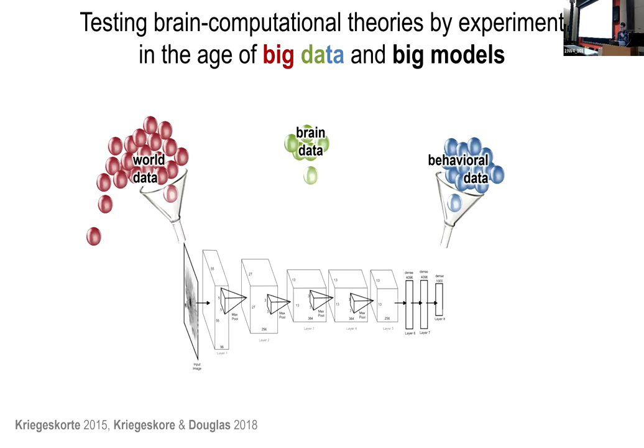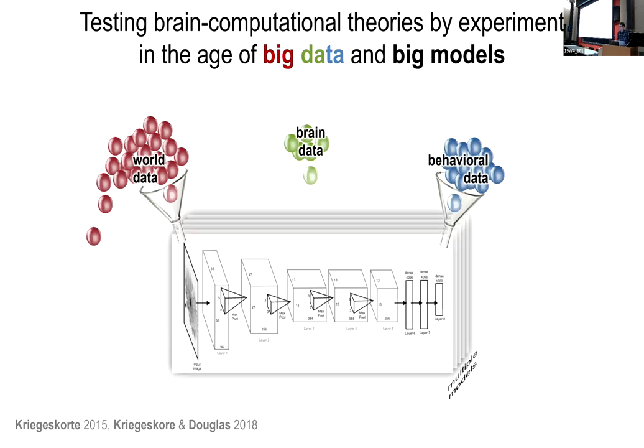But there's different games that we can play here. So here's one other game that people have started playing. You have multiple models that differ in their architecture and or training objective, and each of them implements a different theory. And then we use only the world data and the behavioral data to train these models and use the brain data to adjudicate among them. So the models are used to predict something that they've never been trained on.